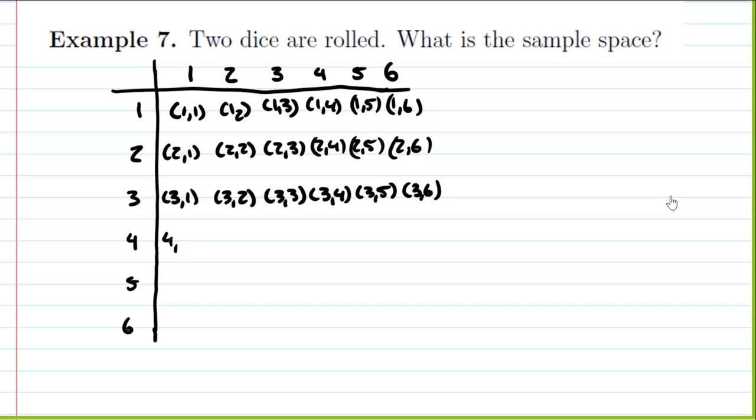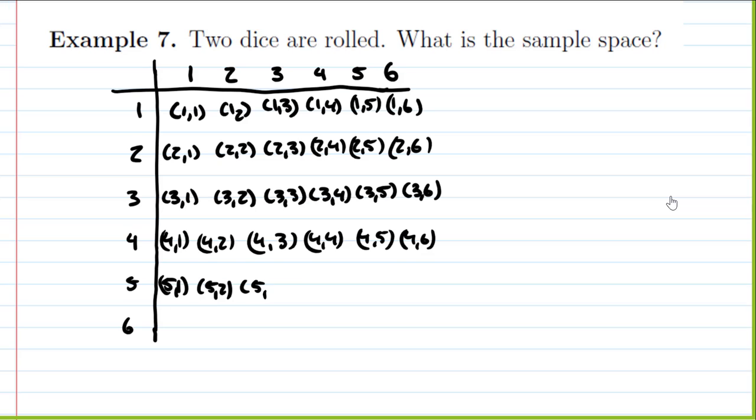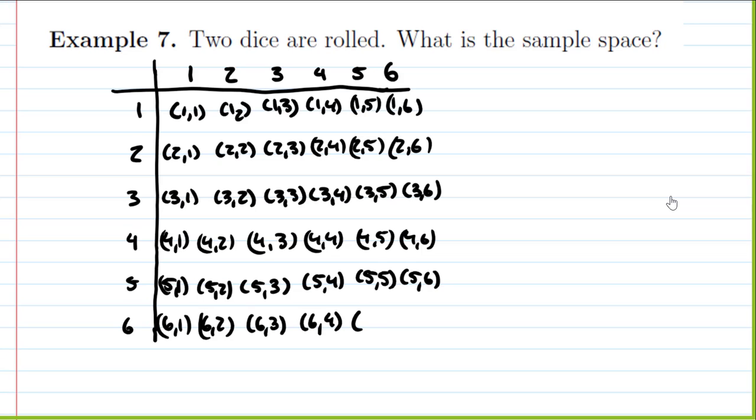And we have 4, 1 through 4, 6, 5, 1 through 5, 6, and then finally 6, 1 through 6, 6.